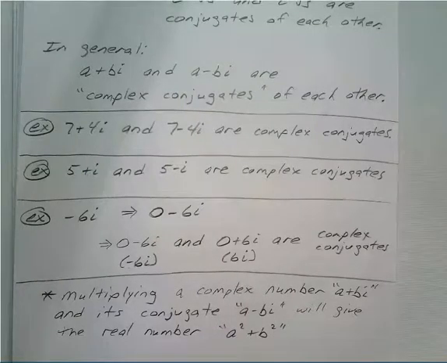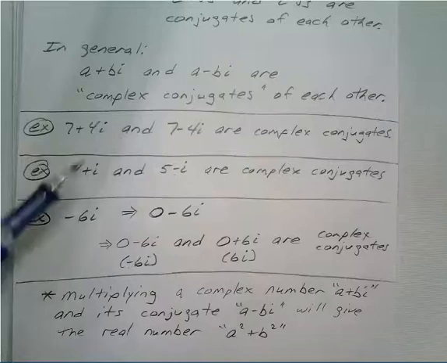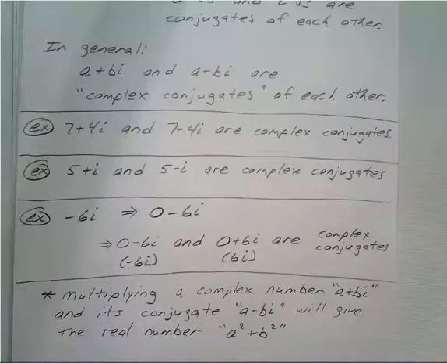So if you multiply these two conjugates together, you'll end up with a real number as an answer.